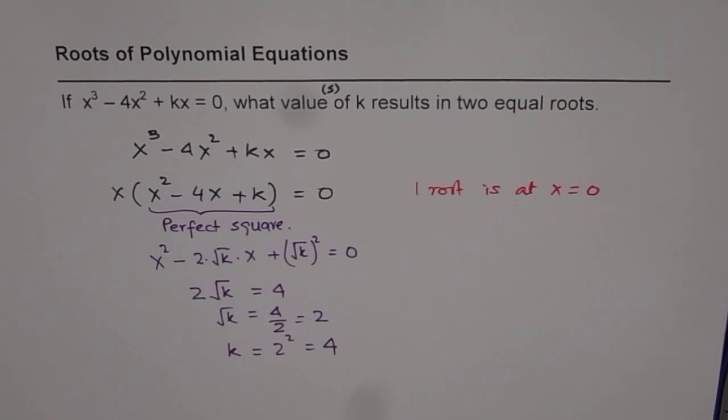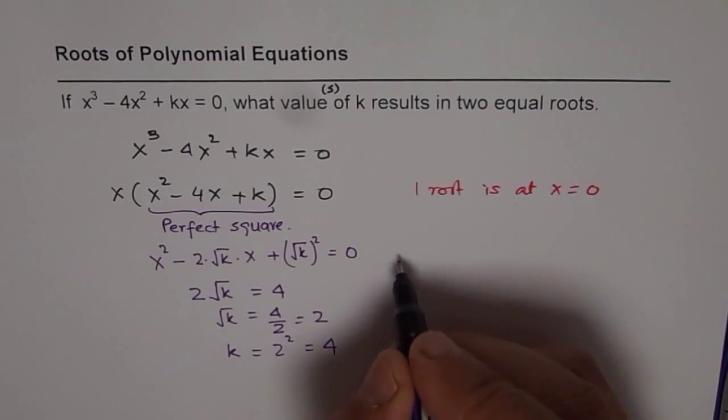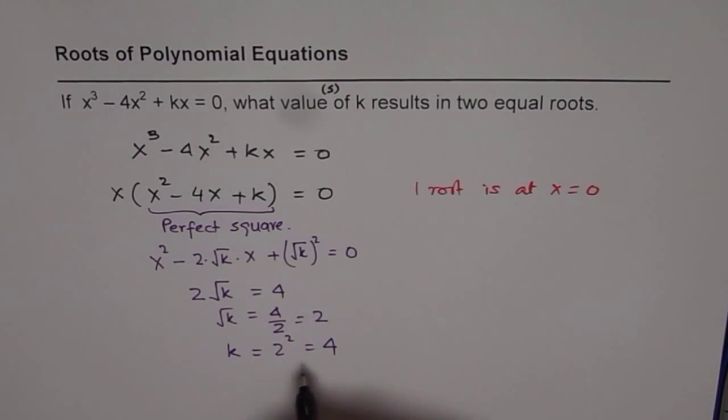So it becomes a perfect square. When we square 2, it becomes 4. So k could be 4 also. So we get k equals 4 as another solution.